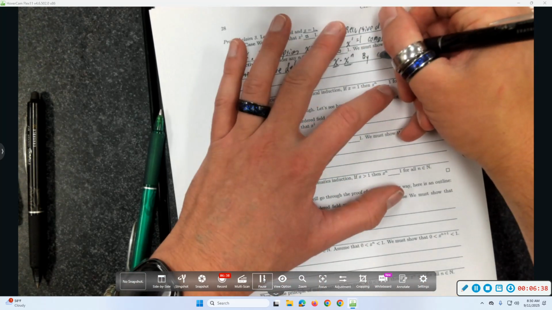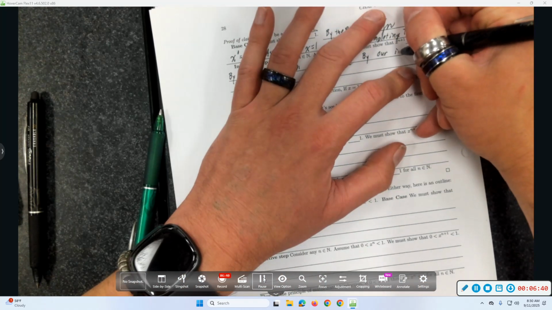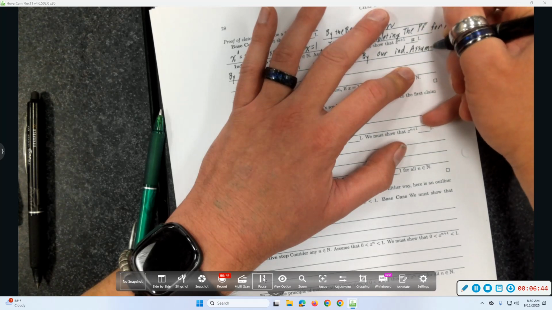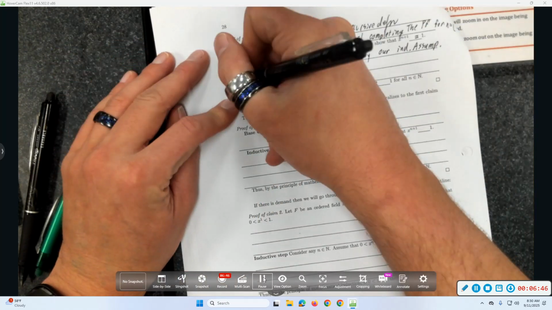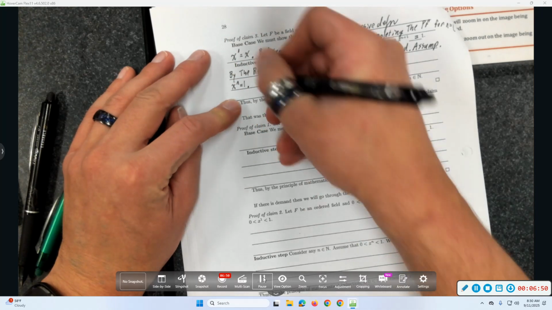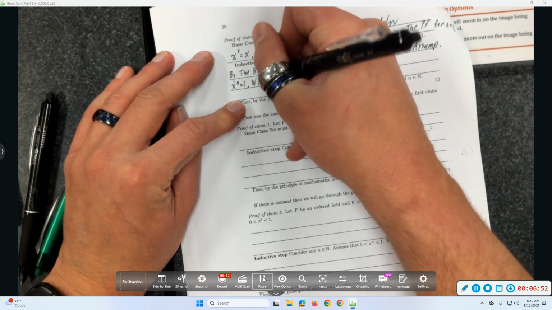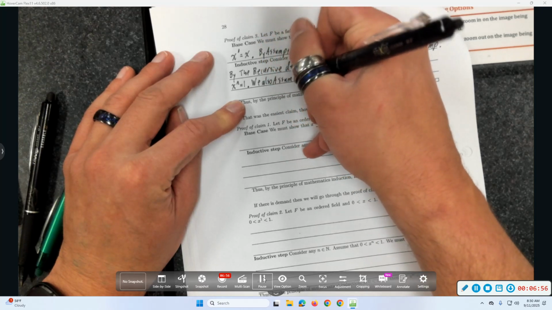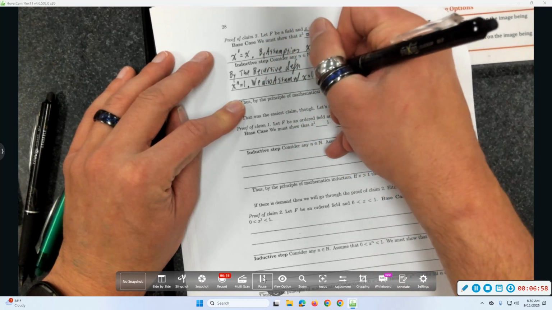By our inductive assumption, x to the n equals 1. We also assumed x equals 1.